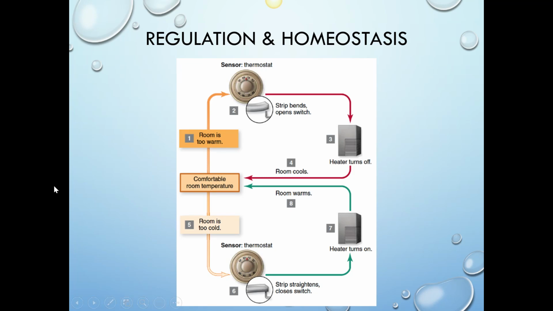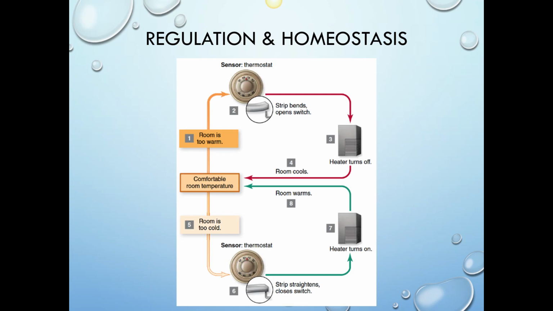So the example that I'll give is the house thermostat. If your house is in homeostasis, then the thermostat is set to 70 degrees and your house is actually 70 degrees. Now let's say someone opens a door or a window on a really cold day. Well, the temperature in the house drops. That alerts the thermostat that, hey, the temperature in the house has dropped, which sends a signal to the heater to turn on your heat.